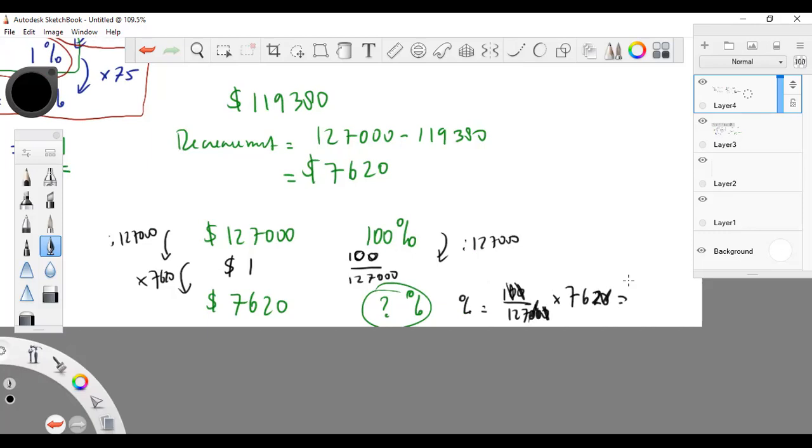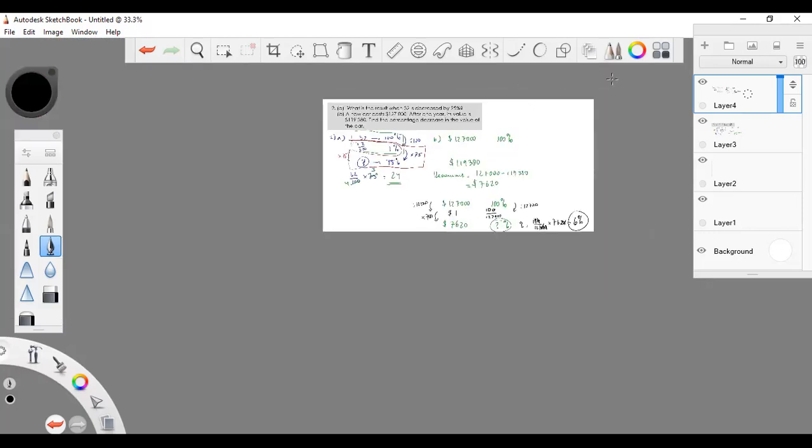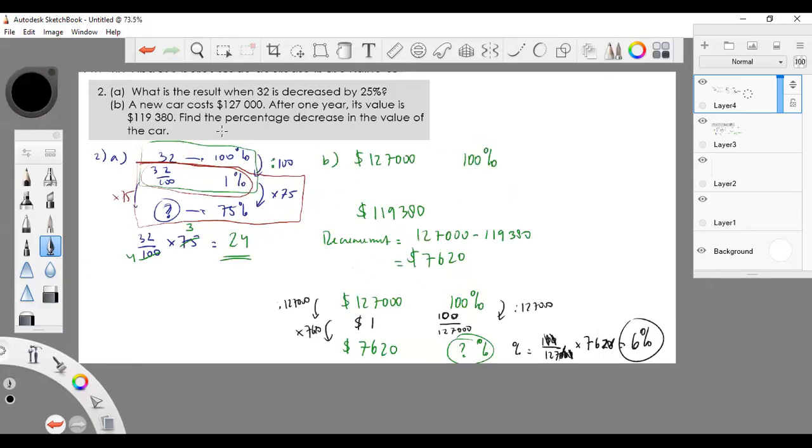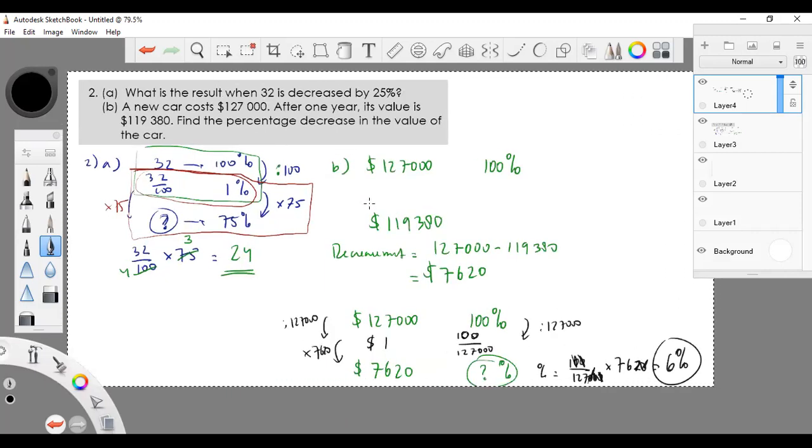Wait. The answer is 6% decrease. There you go. Very, very simple, right? Now, next question. You may print screen. Done. Okay. Next.